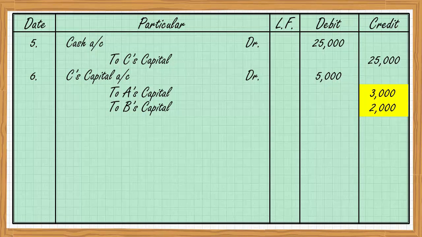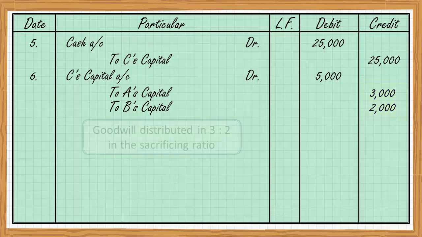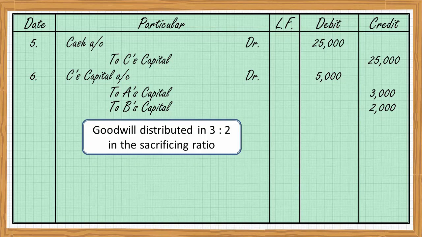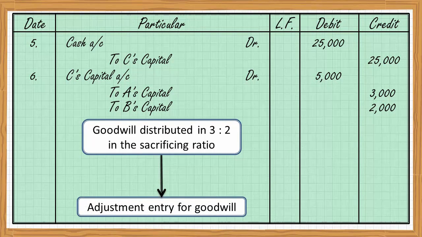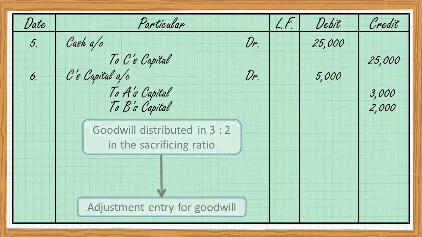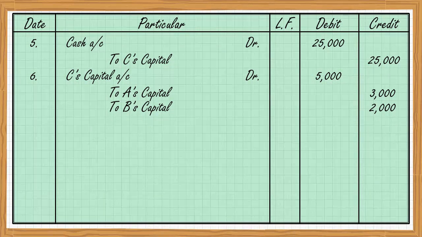This money has been distributed in the ratio of 3:2, that is the sacrificing ratio. This is called the adjustment entry for goodwill. And this journal entry is always passed in the sacrificing ratio. Be careful: the sacrificing ratio is used only in one situation, and that situation is when you pass the adjustment journal entry for goodwill, I mean C's capital account debit to A's capital and B's capital.